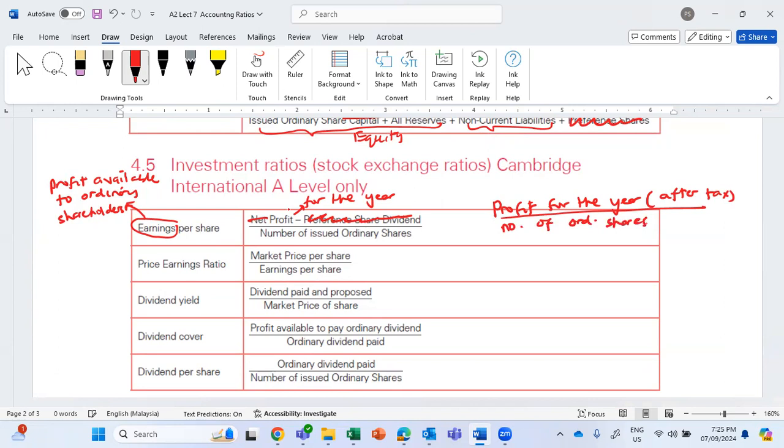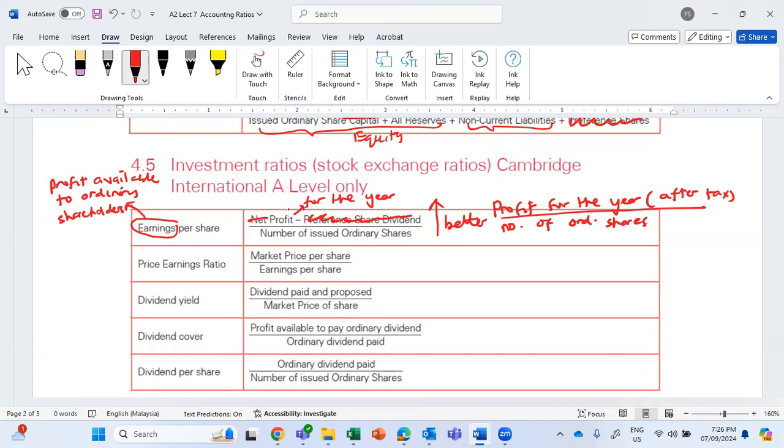That will give you the earnings per share. The earnings per share tells the ordinary shareholders how much they earn per share that they own. So for this formula, the higher, the better. For example, if the earnings per share is $10 per share and you own 20 shares, it's 20 times 10, $200 you earn, is yours.